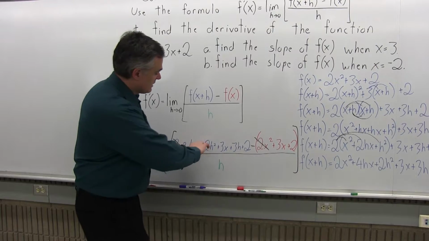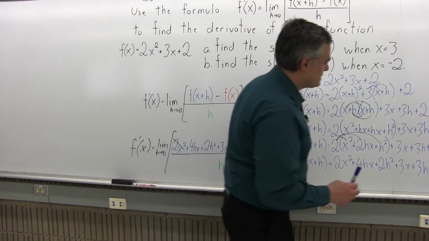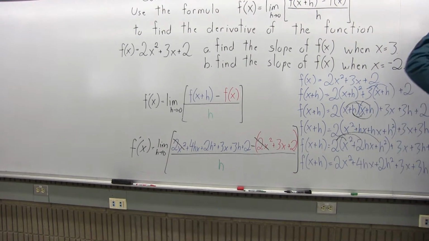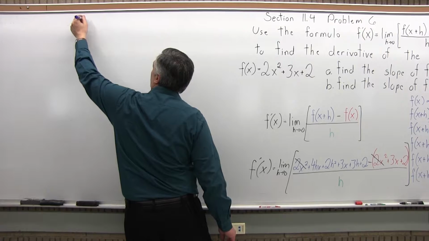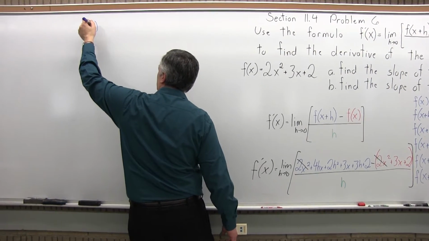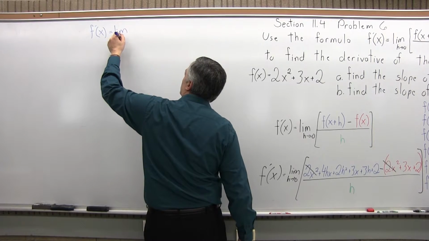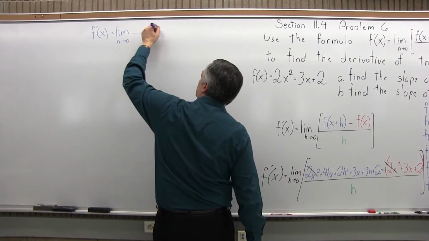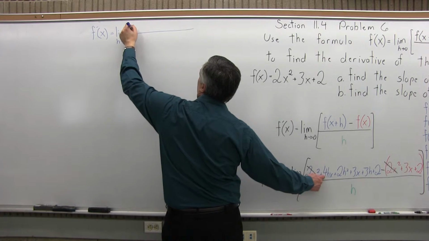Now the next piece, 4hx. It has an h, it'll stay. There's no other 4hx's that will cancel with it. So let me come off to the side and start what I have here. Off to the side, let me write f prime of x, the derivative, equals the limit as h approaches 0 of, so I'm going to have a 4hx.